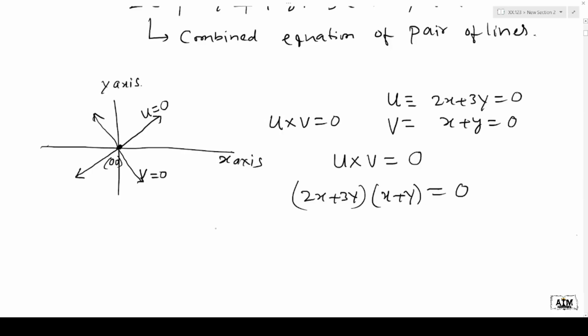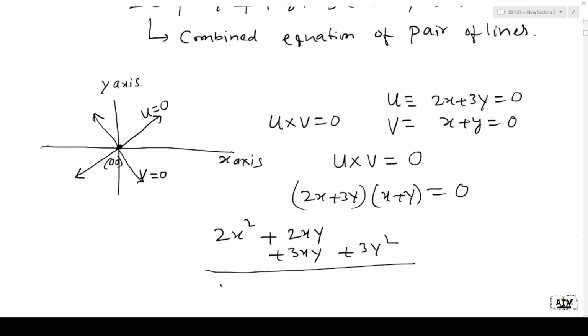Now we need to open the brackets, that is 2x square plus 2xy plus 3xy plus 3y square. So 2x square plus 5xy plus 3y square equals 0. This is the equation of the pair of lines. Both these lines are passing through the origin.